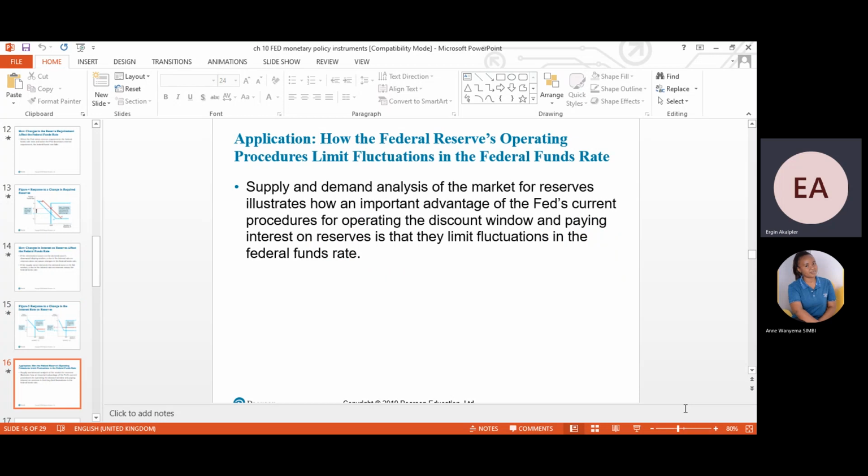How the Federal Reserve's operating procedures limit fluctuations in the federal fund rate is then the subject. Supply and demand analysis of the market for reserves illustrates how an important advantage of the Fed's, or the central bank's, current procedures for operating the discount window and paying interest on reserves is that they limit fluctuations in the federal fund rate.